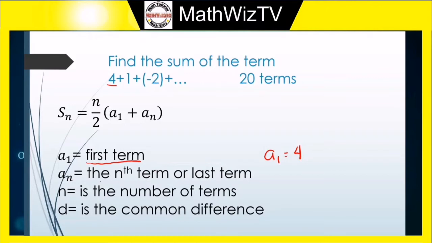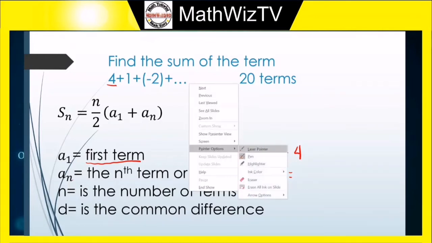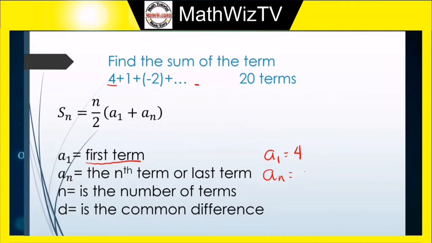Next, a sub n is the nth term or the last term, wherein a sub n here is not yet identified because as we can see, it goes continuously. Now, therefore, what we will do is to write a sub 20 because n is equal to 20, because the number of terms here is 20.